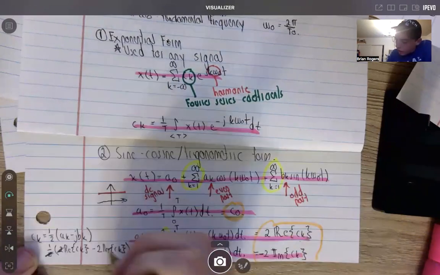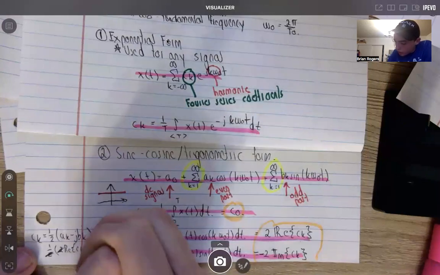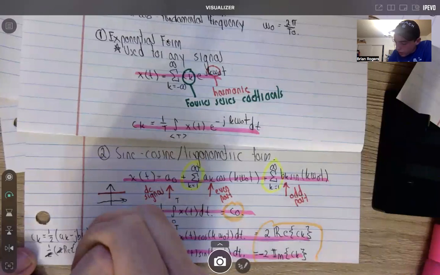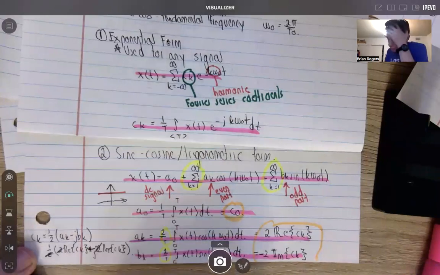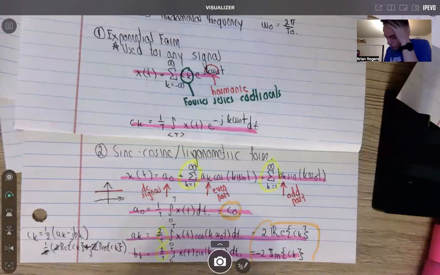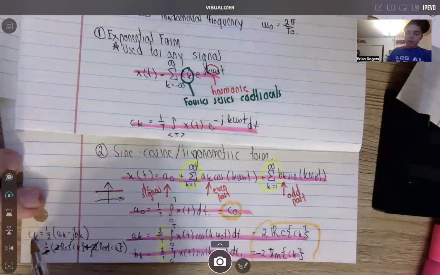So you would get minus, and then minus, minus, so that becomes a plus. And then I forgot the J term in here. So here we would see that it would become just the real part of C of K plus J times the imaginary part of C of K. And so that's how you form your C of K. It's the real plus the imaginary.